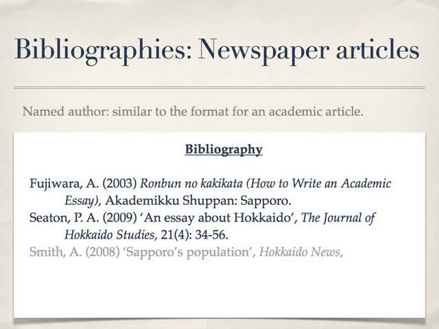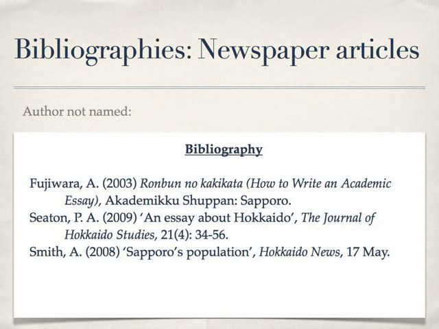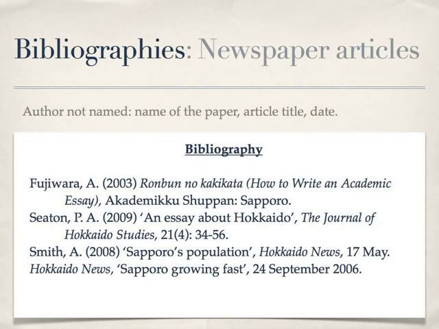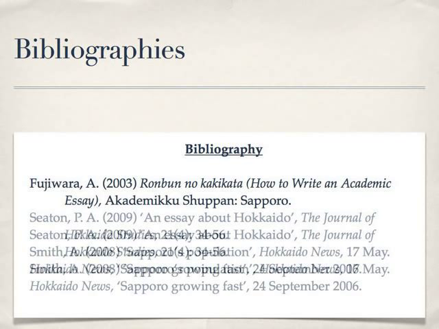For a newspaper article, there are 2 types of bibliographical entry. If the journalist is named, use basically the same format as for an academic article, but give the exact date instead of the volume and page range. If the author is not named, give the name of the paper, article title, and the date. Remember that bibliographies are in alphabetical order, so let's correct the bibliography now.